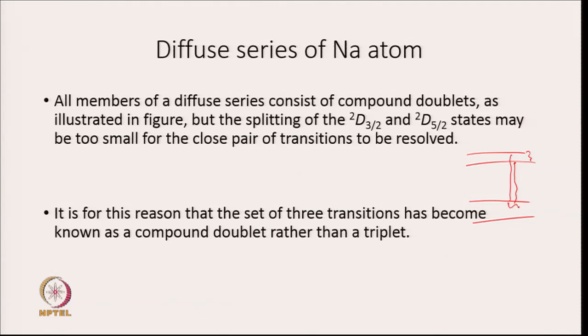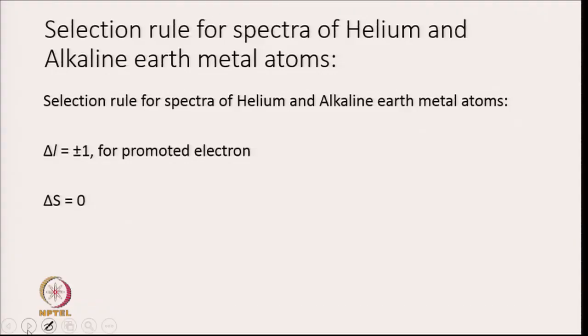So, this looks like a single peak, and what you will see is a compound doublet rather than a triplet. It is for this reason that the set of 3 transitions has become known as a compound doublet rather than a triplet.